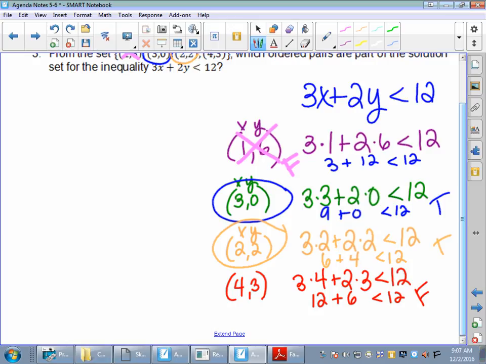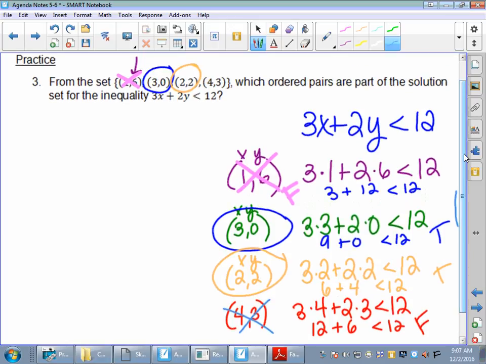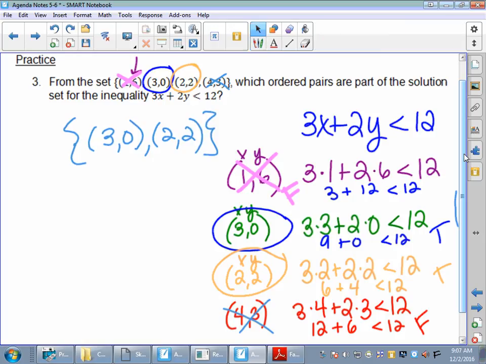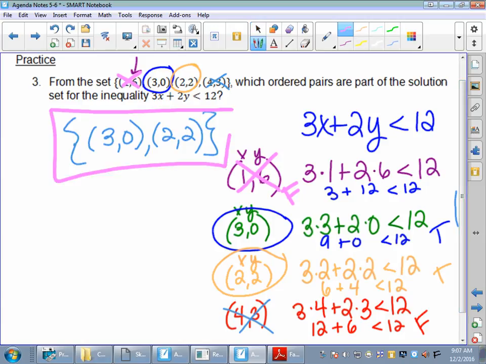Definitely not, so that one's junk. So I have two ordered pairs that made that inequality true. So my solution set is (3, 0) and (2, 2). I disregard the other two that I got false statements for. So really, that's just plugging in the numbers and checking to see if you get a true statement.